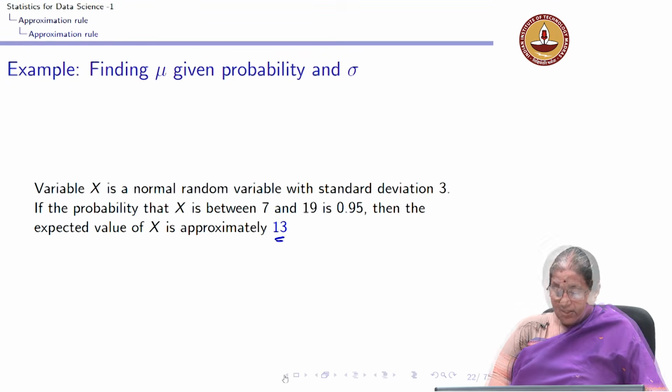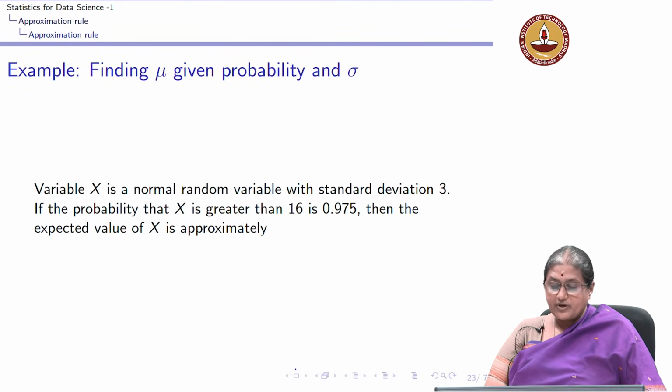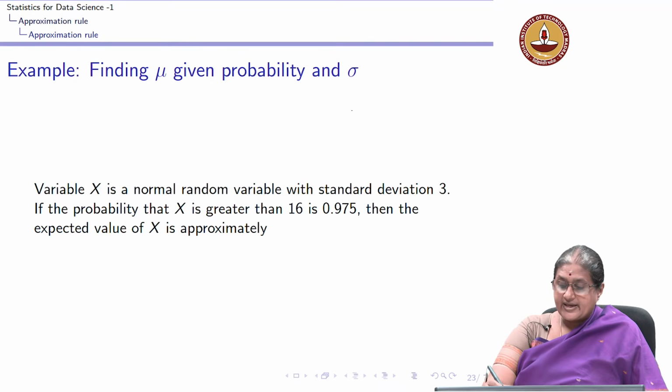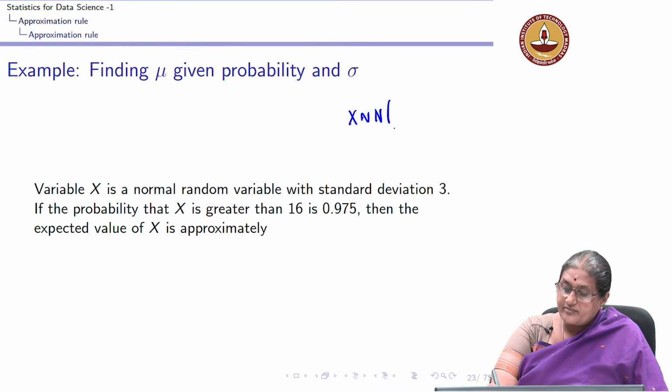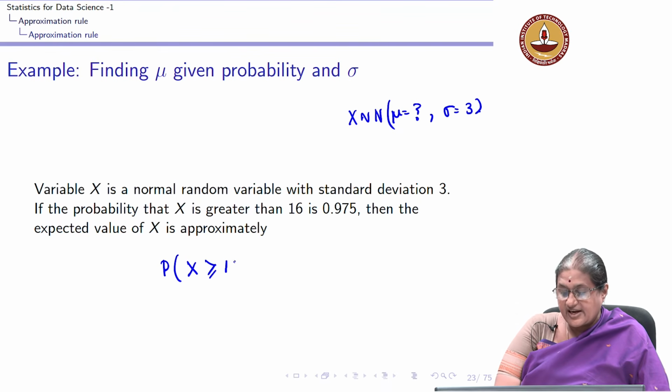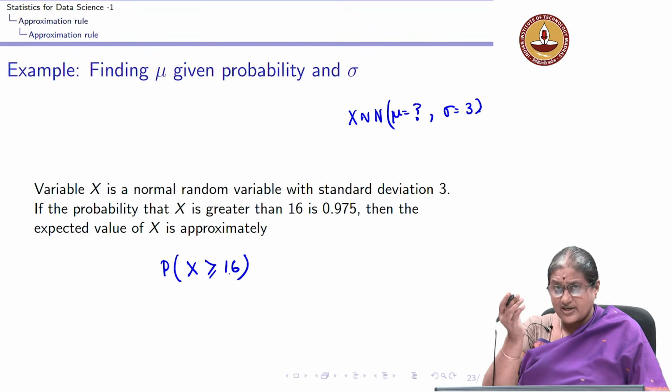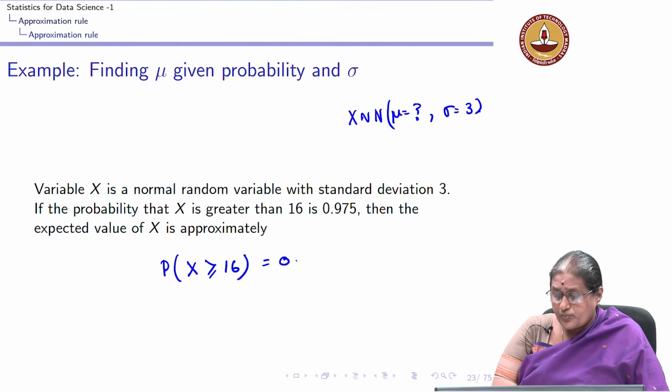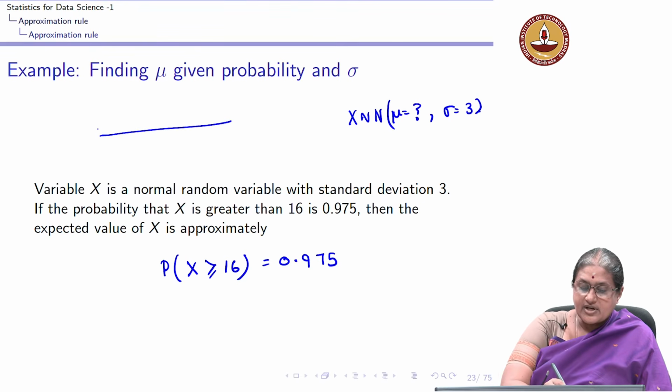Now let us look at another example of solving the same kind of problem. X is again a normal random variable. Again, I do not know mu, sigma equal to 3 here, and the information given to us is that the probability x is greater than 16 is 0.975. Again, what does our approximation rule tell us?